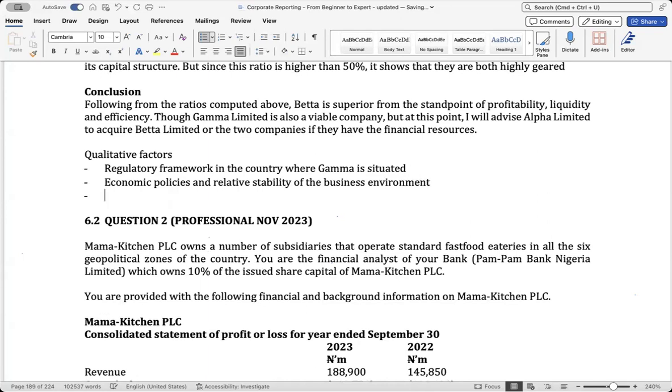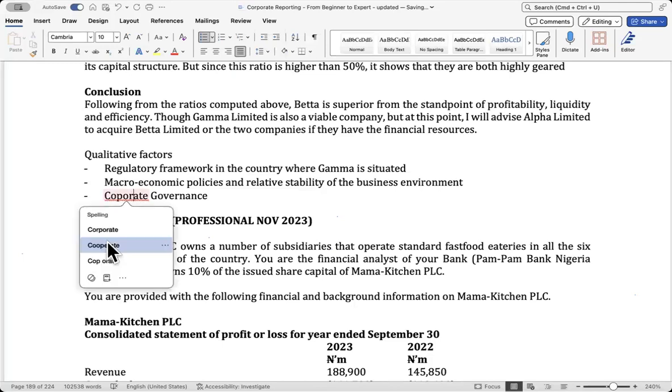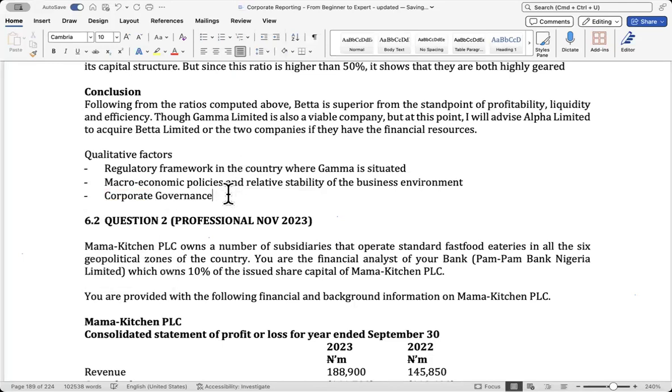I mean, that's really, let me call it macroeconomic policy, so that I won't be babbling around each of them. Okay, for that, then I want to consider probably the corporate governance system, the corporate governance structure of the company.